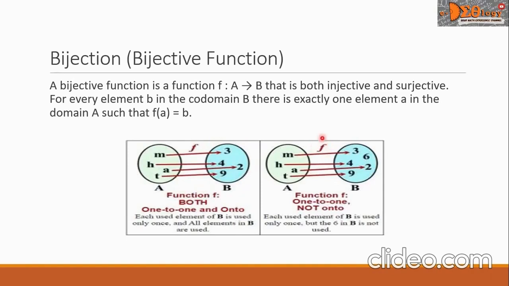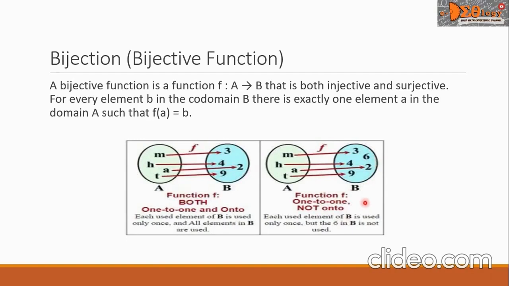For the second example, this function is one-to-one because each used element of group B is used only once. But this is not an onto function because the number 6 is not used.